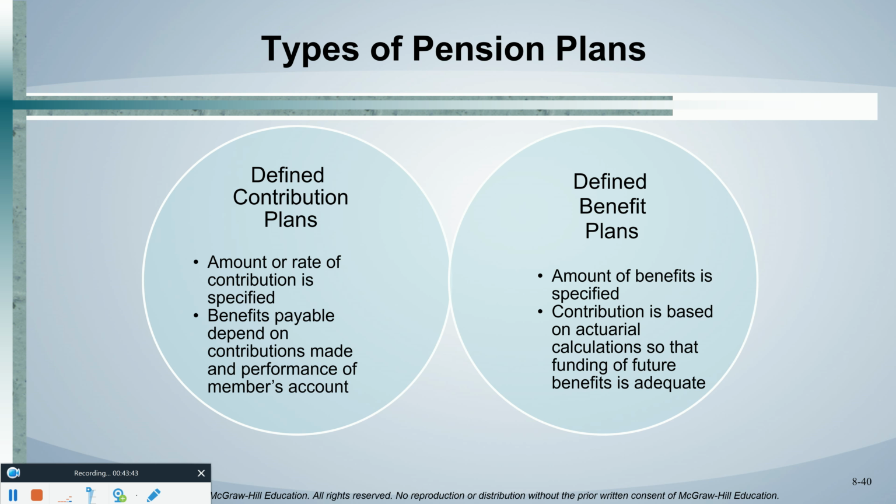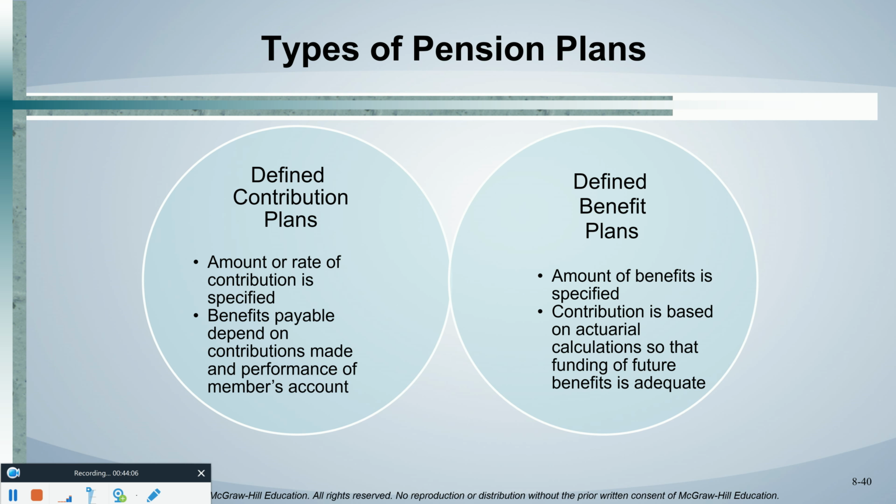So if the government makes a promise for a certain pension payment, and there's usually a formula to figure out what the pension payment is going to be for a particular retiree, the government needs to make sure there is enough money there to pay out these employees in their retirement.